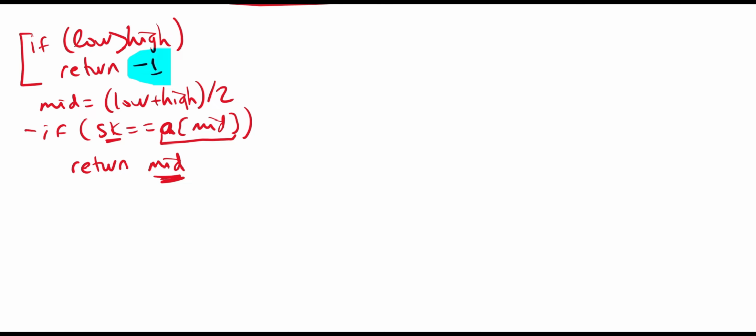Okay. Then if they are not equal, I need to make a comparison between the search key and the element at the midpoint. So I'm saying if the search key is less than the element at midpoint, then what happens?